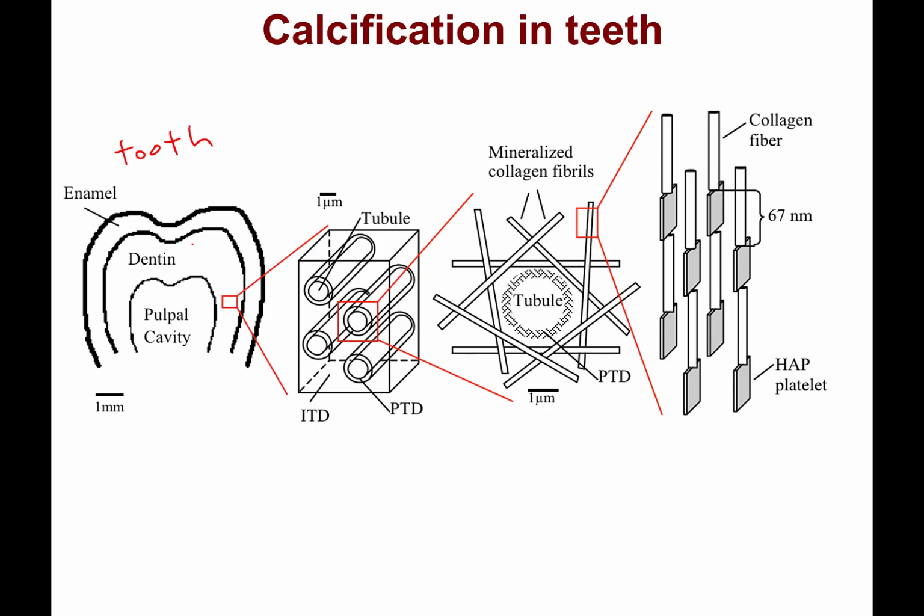We have these little tubule-like structures, and they're composed of mineralized collagen fibrils. The collagen fibers have a slightly different orientation, but again, we have hydroxyapatite, abbreviated HAP here, crystals that form in the gaps between the collagen fibers. And so again, collagen provides a template for this calcification process.